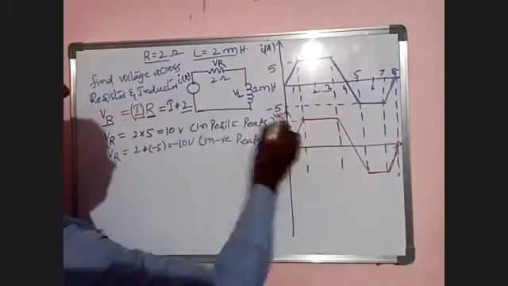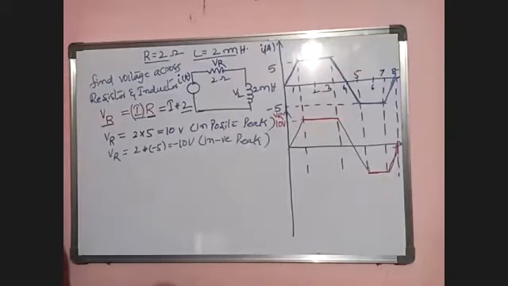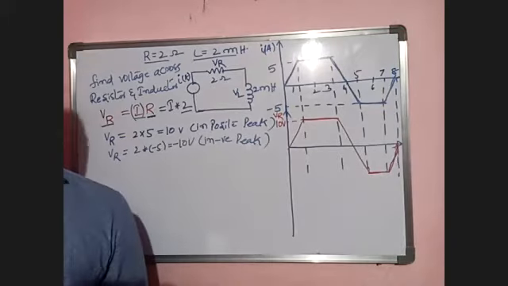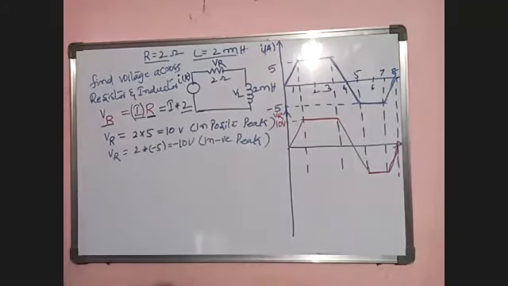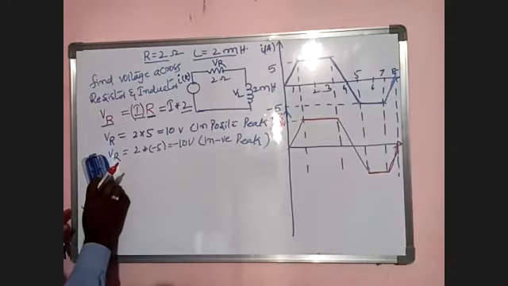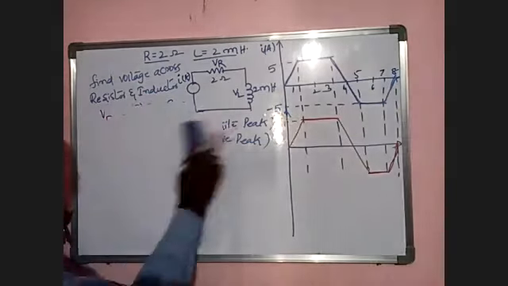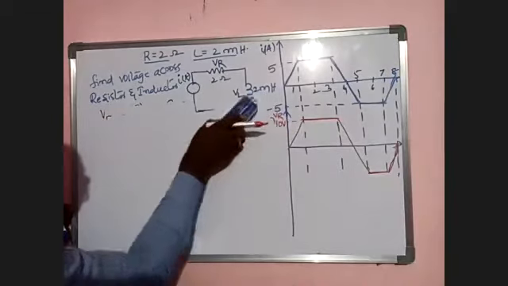This is VR. That means for the voltage across the resistor, you just multiply with the resistance value, because VR is equal to I into R. Now, you just calculate VL as we calculated earlier.